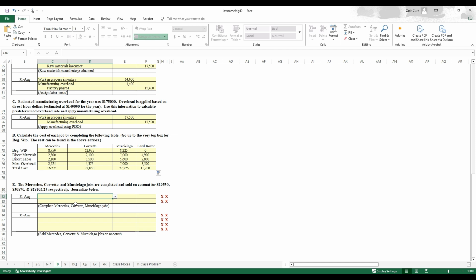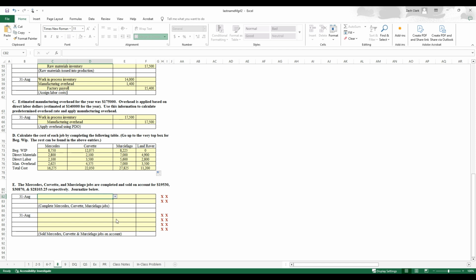Or sorry, the first step is to move them into finished goods and then journalize the sale. So the jobs are completed. Oh, I see. Okay, so the first Mercedes was sold for that, the Corvette, and then the Murcielago, respectively. So I think that'll all be added together here in our journal entry, but good to know.